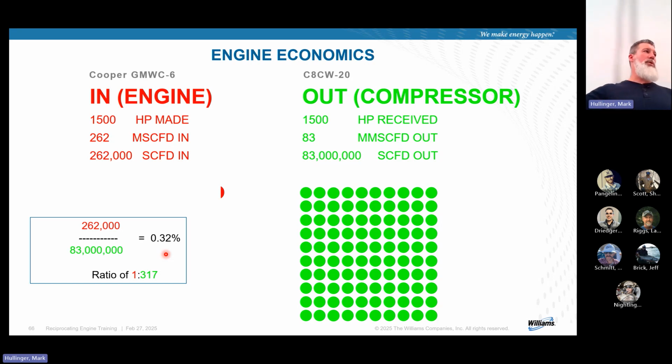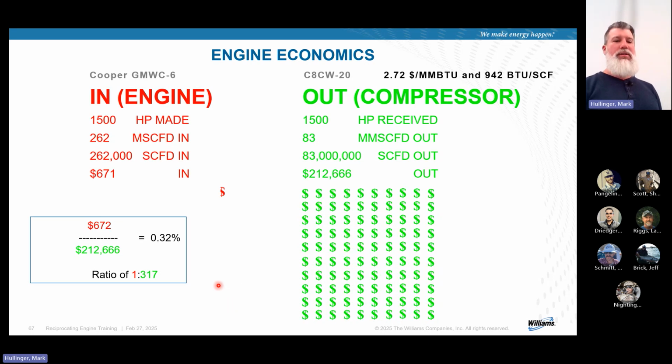Not 3.2%, not 32%. It's 0.32% of what it's burning versus what it puts out the door. To me, that's really efficient. It will never crack 1% unless you are doing something bad, unless something's really, really broken. Okay. So that's a pretty good little setup right there.